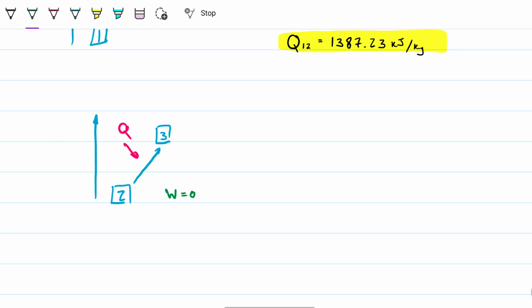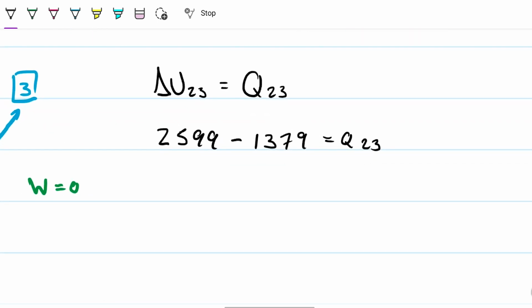Okay, so that's super simple. That means that my internal energy from 2 to 3 will be equal to my heat from 2 to 3. And that is the 2599 minus the 1379, which gives me 1220.